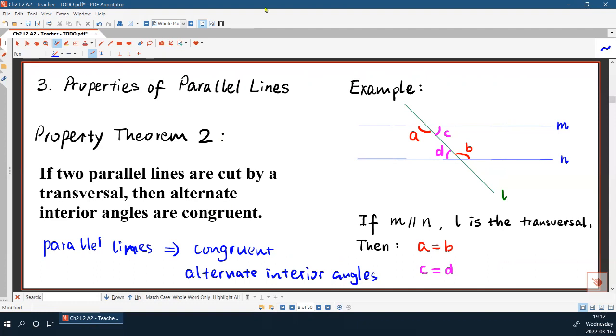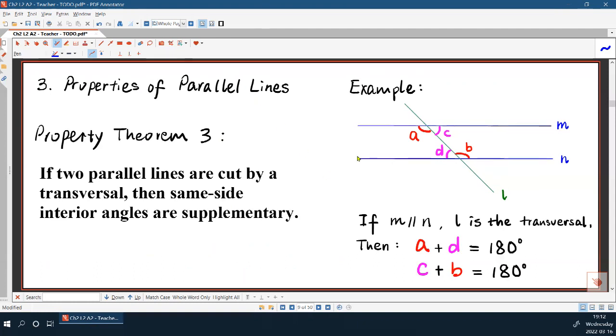Okay. All right. Next one is property theorem 3, which states that if two parallel lines are cut by a transversal, then same side interior angles are supplementary. For example, in this figure, we have line M parallel to line N, and L is a transversal, right?